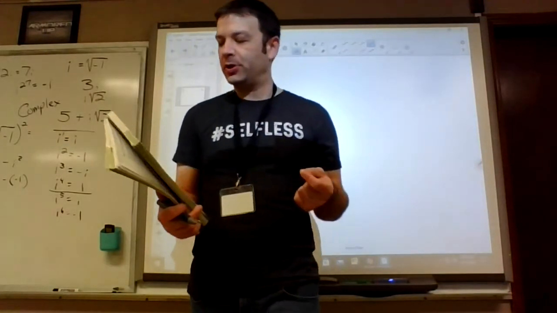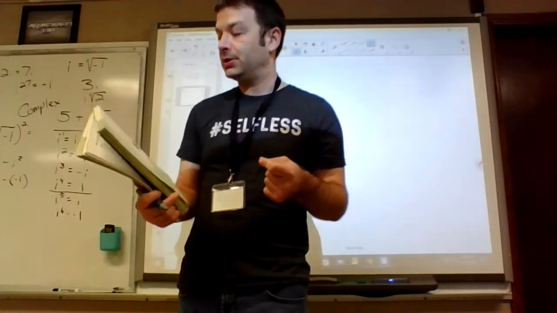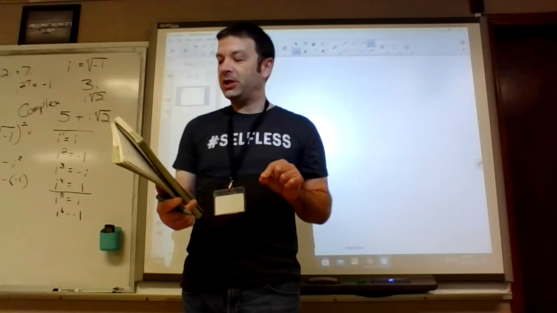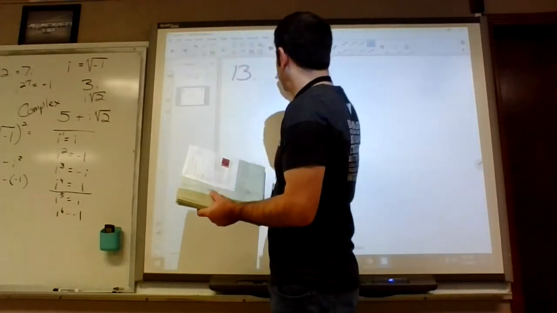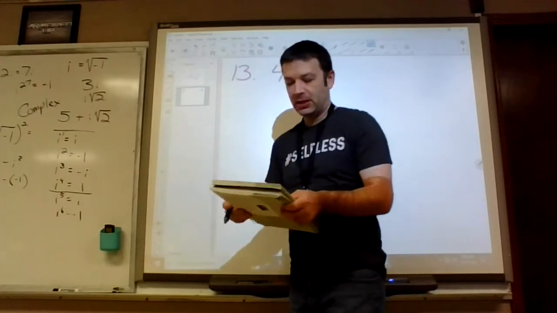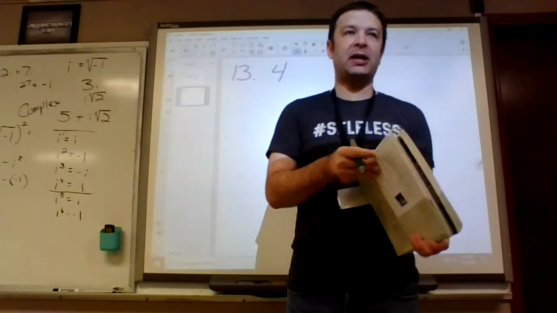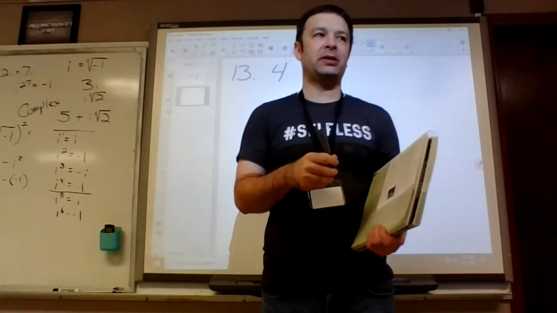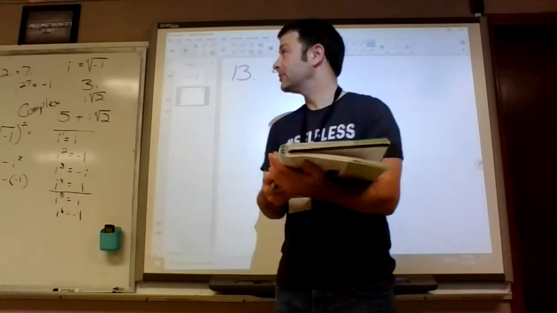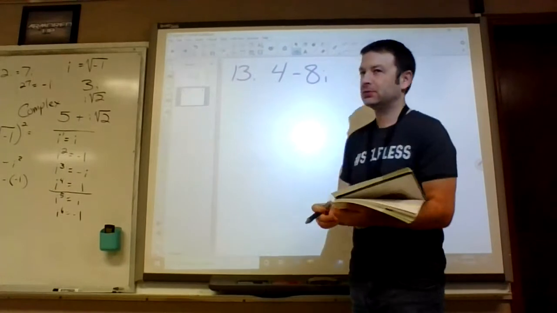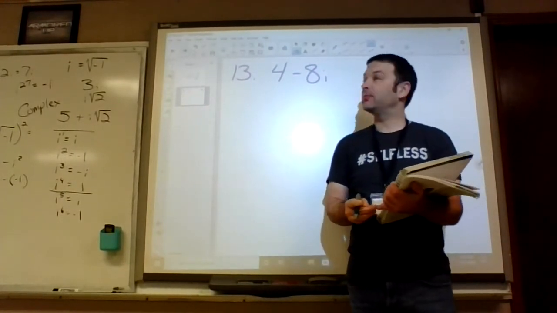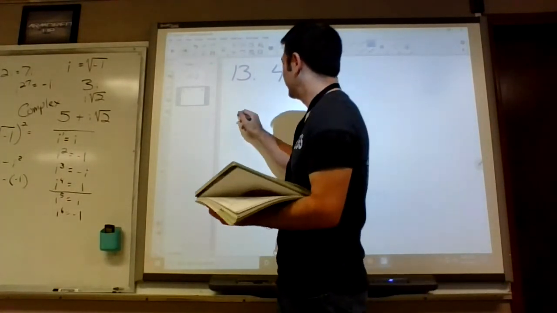So basically it's 1 plus 3 is 4, and it's negative 6i plus negative 2i. What do you think that'll be? Negative 8i. So it's 4 minus 8i. See what I'm talking about? Easy peasy.